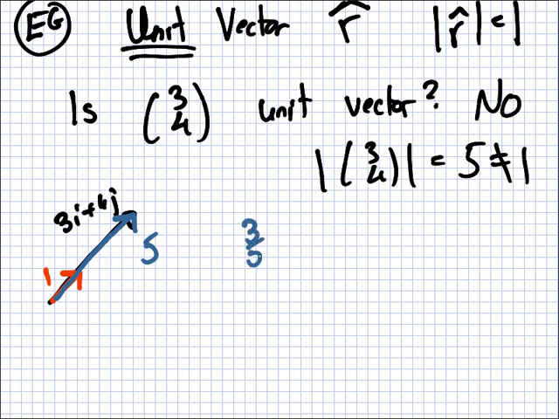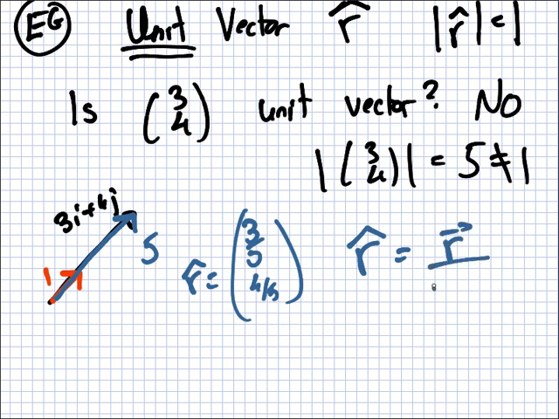So 3/5 and 4/5. That would be the unit vector. That now is length 1. So the rule is the unit vector is the vector divided by its length. This will make it a unit length. You get the idea? Yeah. Okay, well then let's see if you can do it. Give 5a a try.